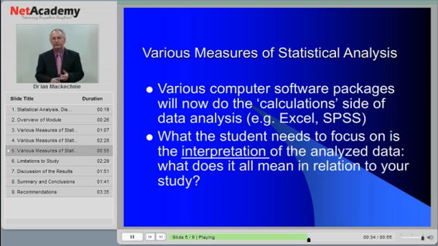The calculation is done, a result is given. What does it mean? And how does it affect our study? What do the calculations mean to us in terms of what we are studying and what sort of relationships we are trying to understand in our study?